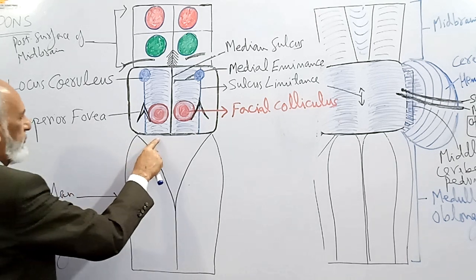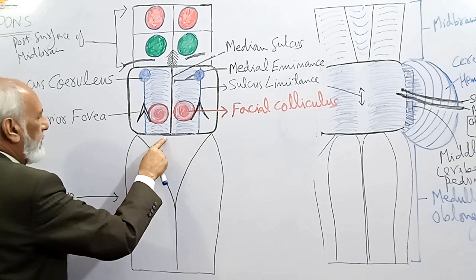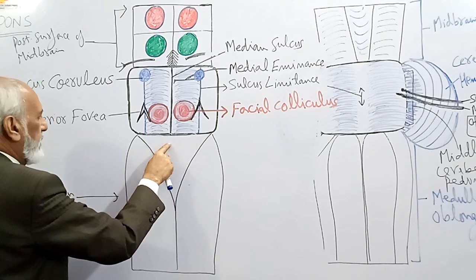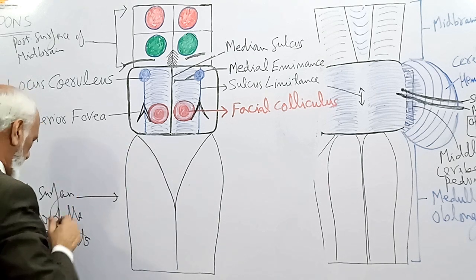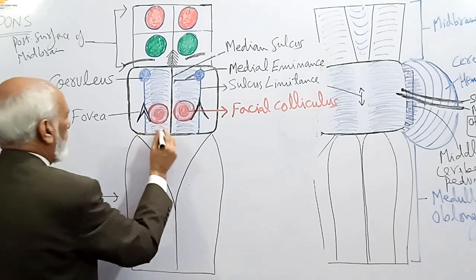Now here, just above its junction with the upper end of the medulla oblongata, there are bundles of some white fibers.